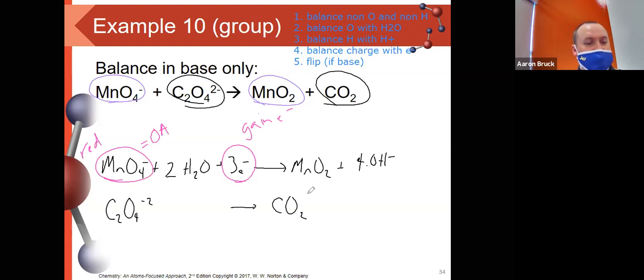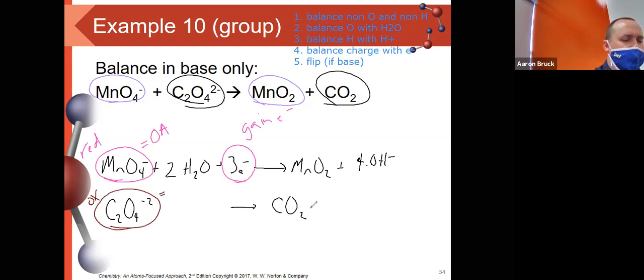By process of elimination, we'll prove this to ourselves later. If this is the reduction reaction, the oxalate must be the oxidation reaction, which would make the oxalate ion the reducing agent.